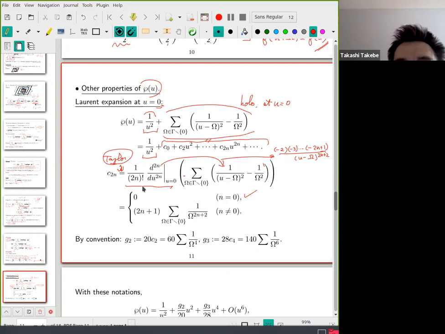And this part cancels with this, and also this is minus 1. And we actually have an even number of minuses, so there is no sign here, and from this part we get this.